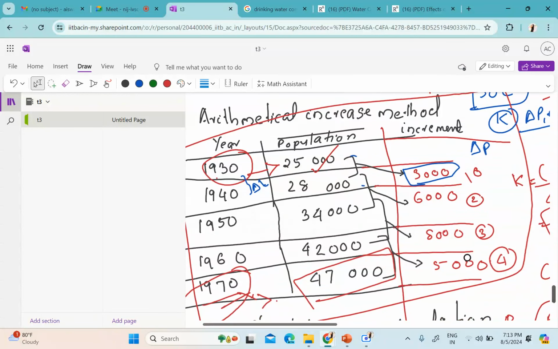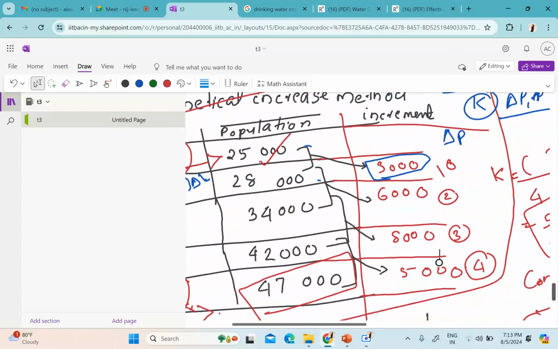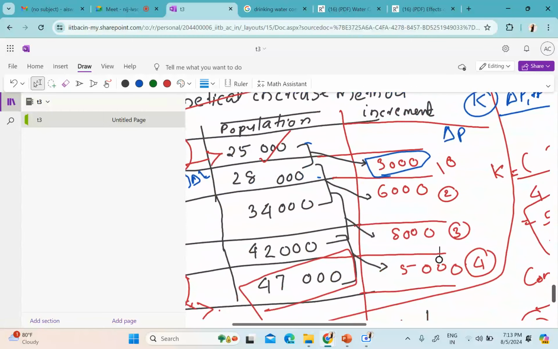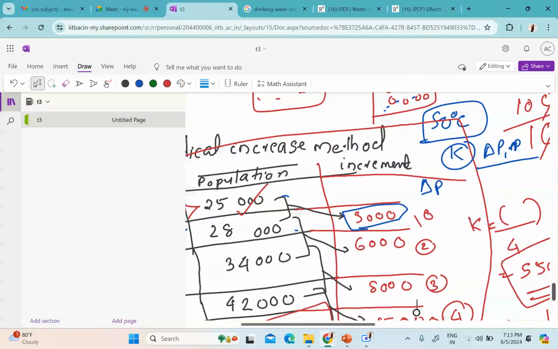Four time gaps that we have considered. When we calculate the gap between each year, we calculate the average. So we add these increment values, then divide by the time gaps. Then we get the k value. This k value we consider constant. Got it?